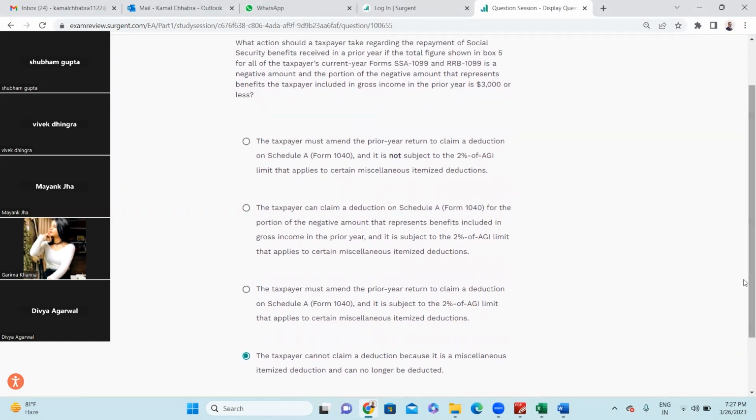Shubham, Garima, Mayank. Thinking, sir. Give a best guess. It's not necessary to be 100% right. Option third: the taxpayer must amend the prior return to claim the deduction, and it is subject to the 2% AGI limit.